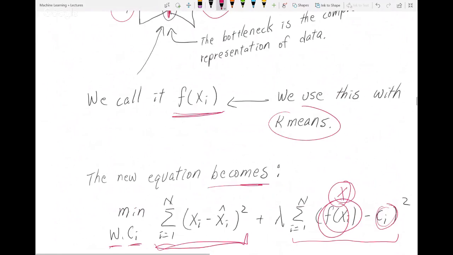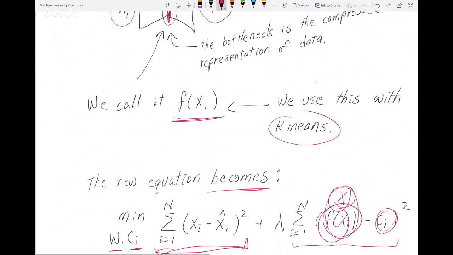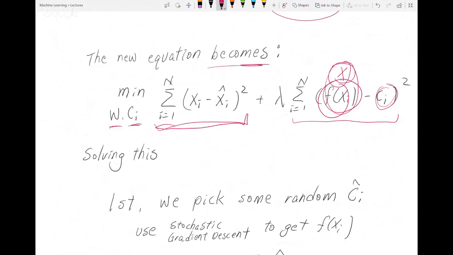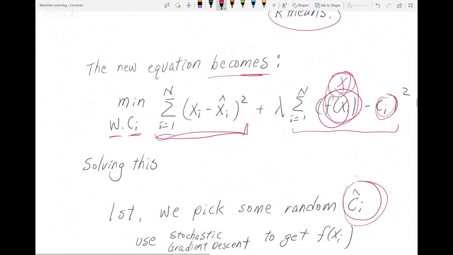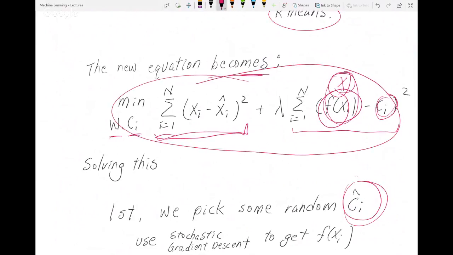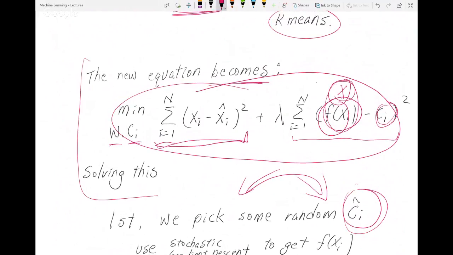By doing this, we're still solving it similarly to k-means. We first find some random c, and then we can use stochastic gradient descent to solve the rest of the problem. And of course, we go back and forth, and that will solve this type of problem.